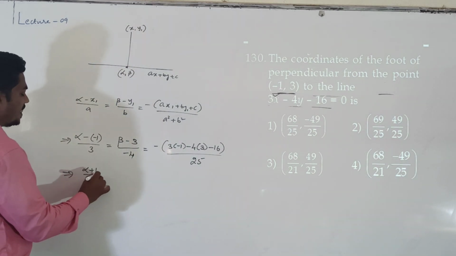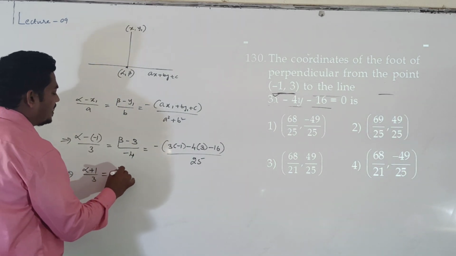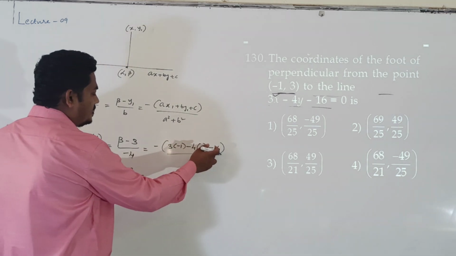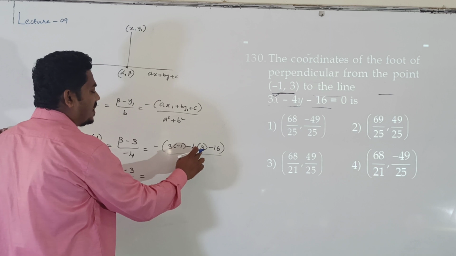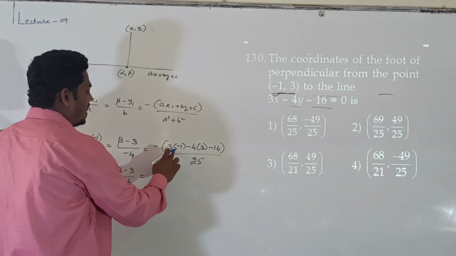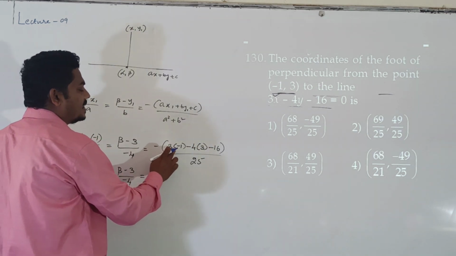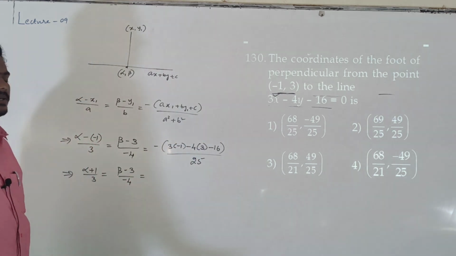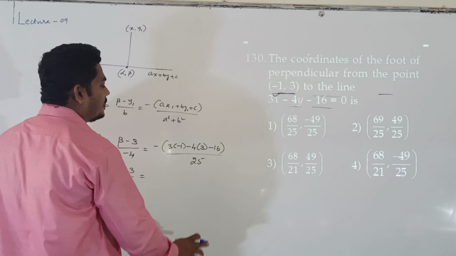Then (alpha plus 1) divided by 3 is equal to (beta minus 3) divided by minus 4 is equal to, just simplification, it is minus 12 minus 3 minus 12 minus 3, that is minus 15, means minus 31.